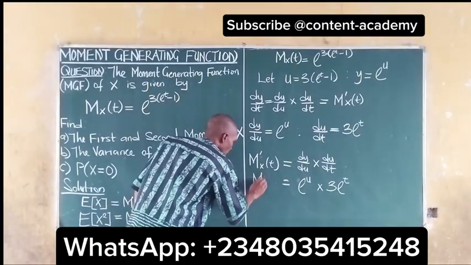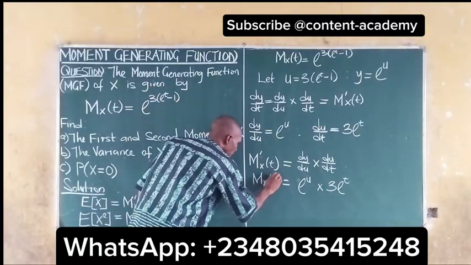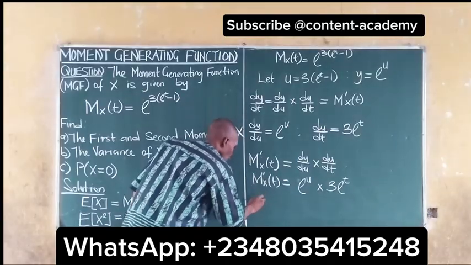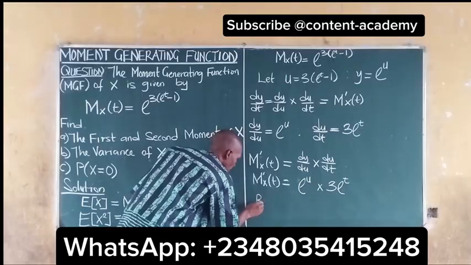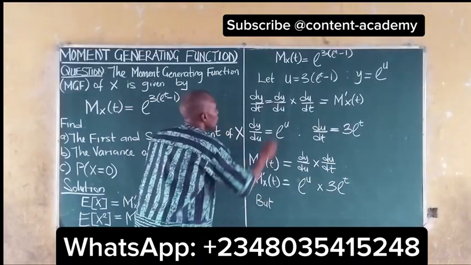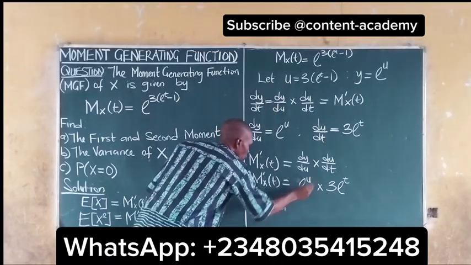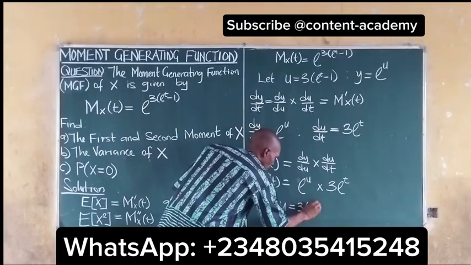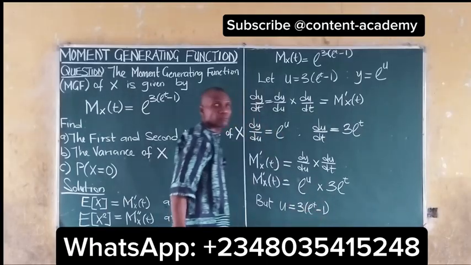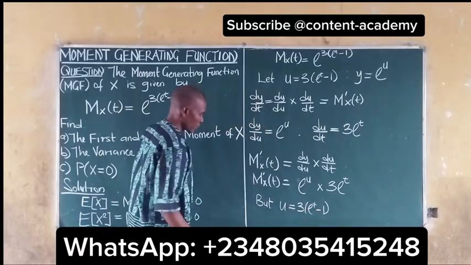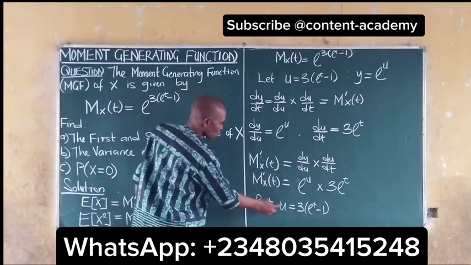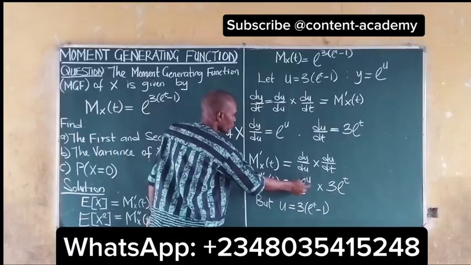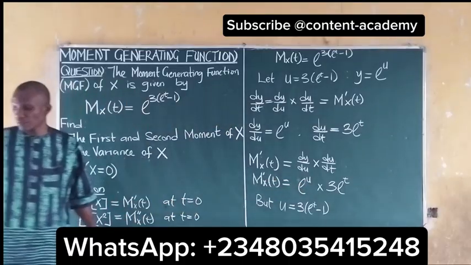Now, this is our first derivative. We should also know that our u is equal to 3(e^t minus 1). So all we need is to substitute what we have as our u into this. Let us see what we get.